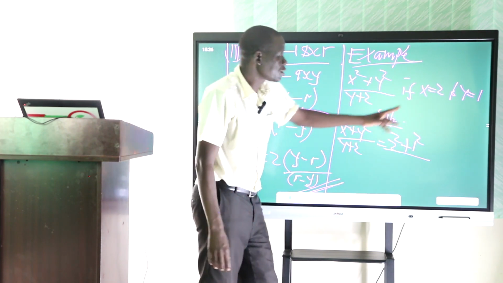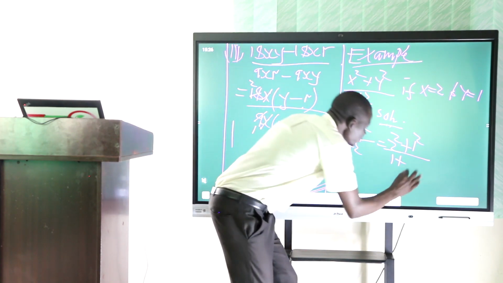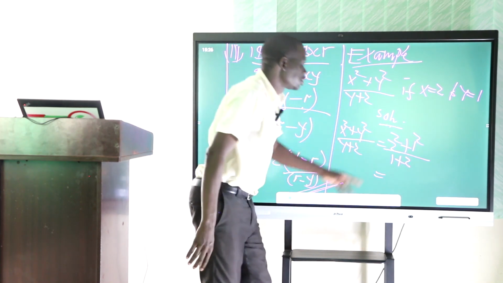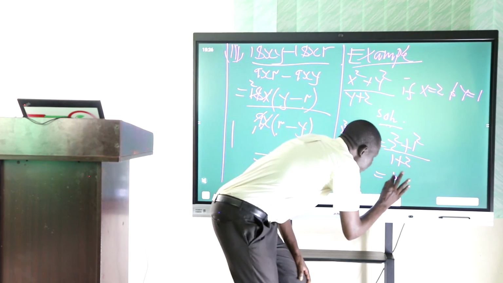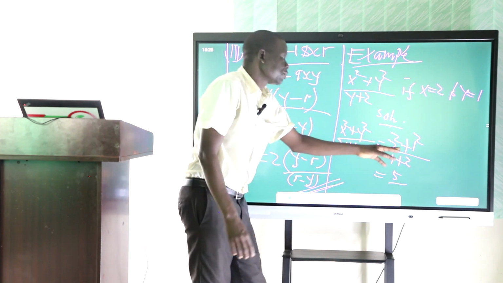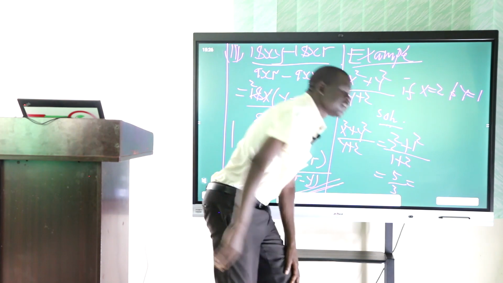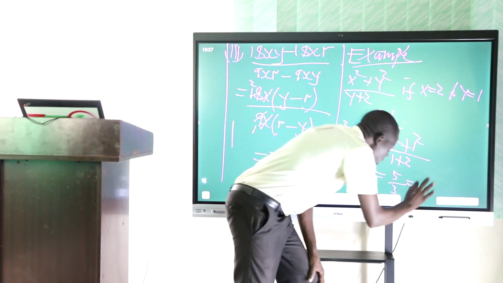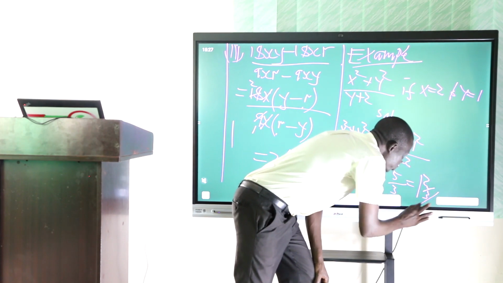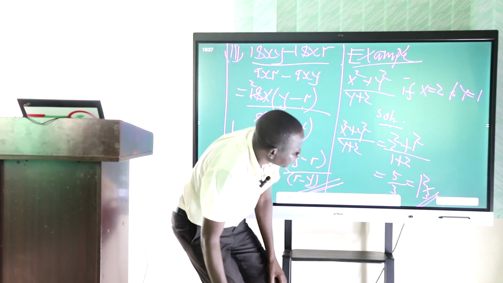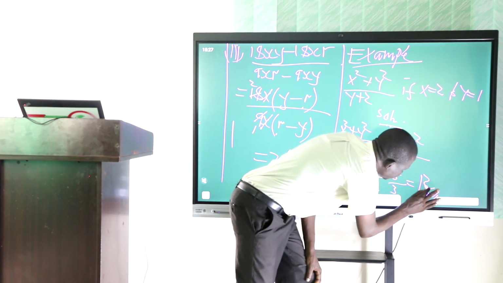Over y is 1 plus 2. So that we now get 2 squared is 4, and 4 plus 1, you get 5, all over 1 plus 2, you get 3. And therefore, 5 divided by 3, you get 1 whole number and 2 over 3. So this becomes the final answer. 1 whole number and 2 over 3.